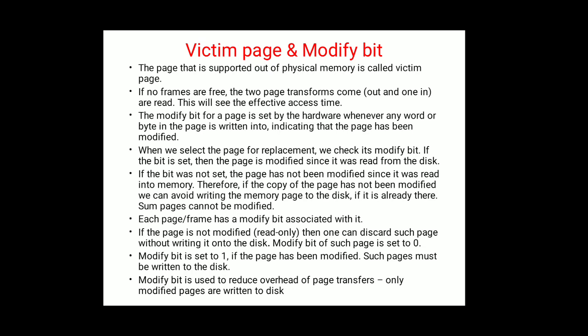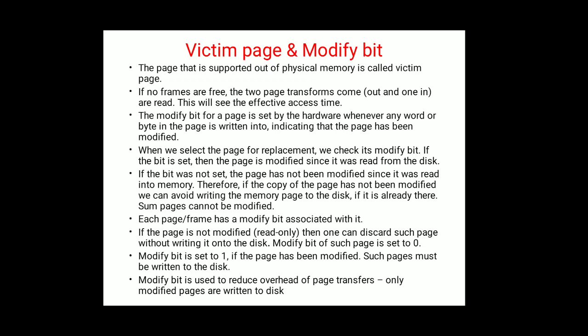If the modify bit is not set, the page is not modified, and we need not write it to memory as it is already present there. So by using the modify bit, we can reduce the overhead problem.